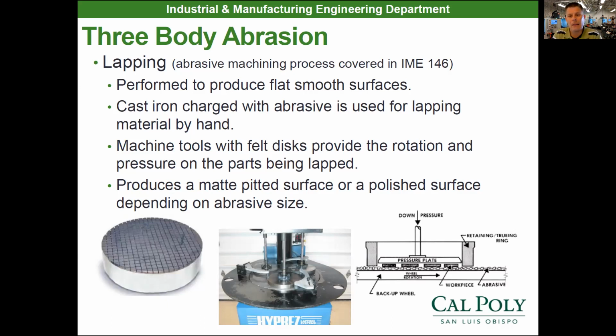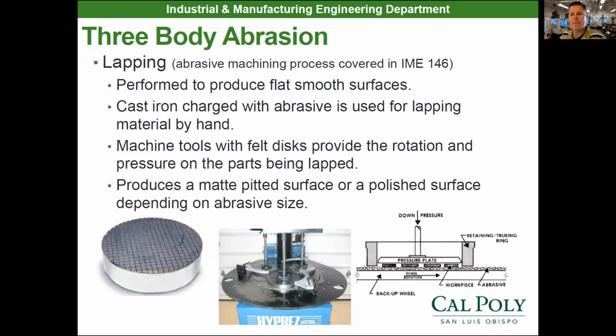But you use a lapping plate, which is basically nothing more than a cast iron abrasive plate that gets charged with lapping material, or the abrasive putty, or not necessarily putty, it's more like a paste. A lapping paste goes on that lapping plate. And you can hand lap parts by moving them around in a figure-8 rotation on that cast iron plate.